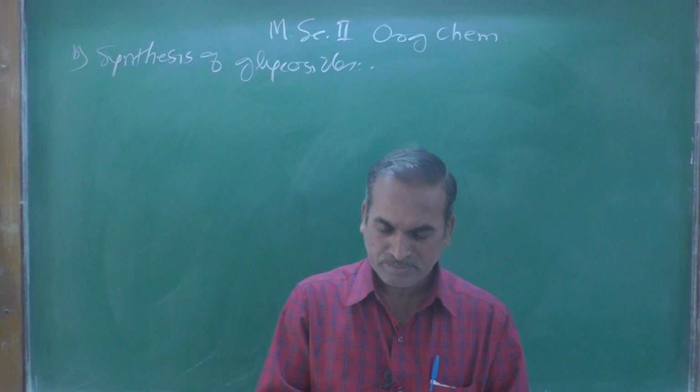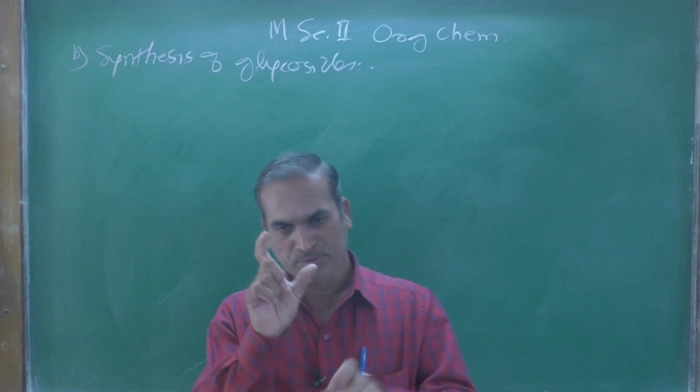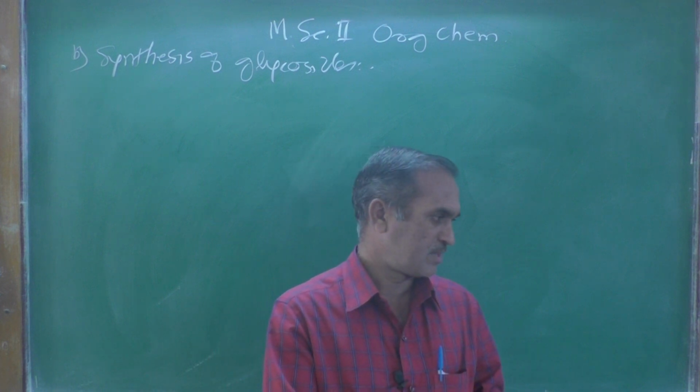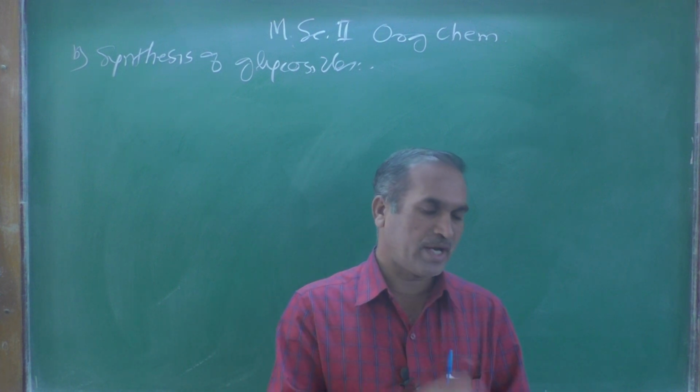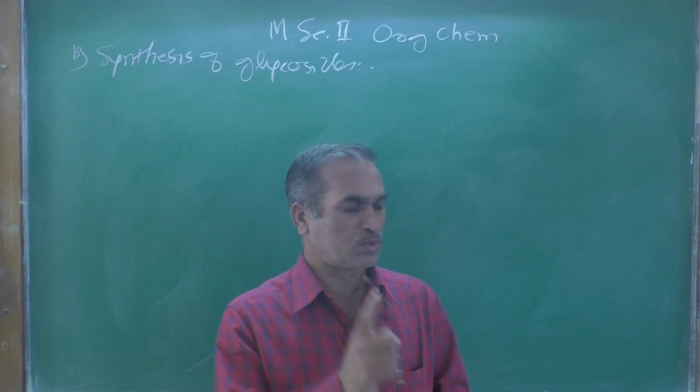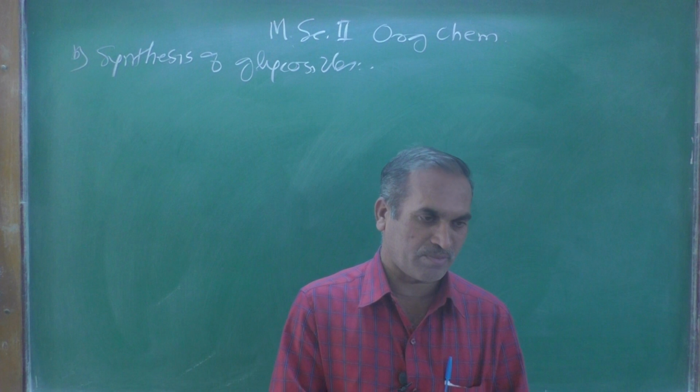Selectively we can remember: if you observe the ring structure of glucose, you will find there are two forms, the alpha form and the beta form, as we know.